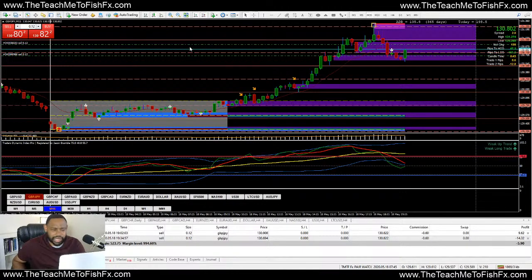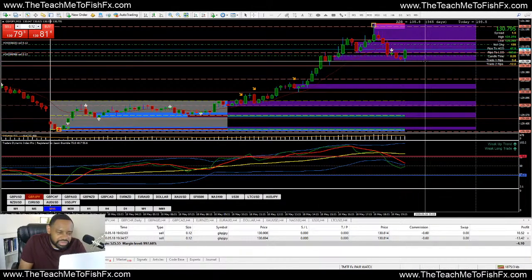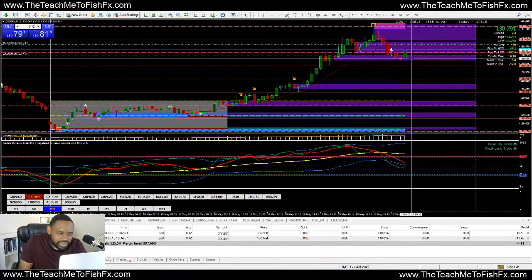We have about 40 seconds left in this particular 15-minute candle. So let's just take a look to see what this shows us. Now, not quite an engulfing candle that formed, but including the wicks, it did take out this last bearish candle right here.